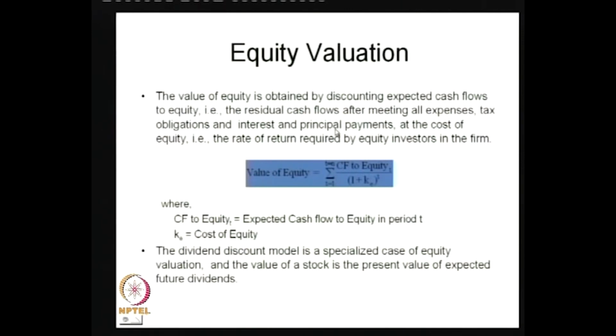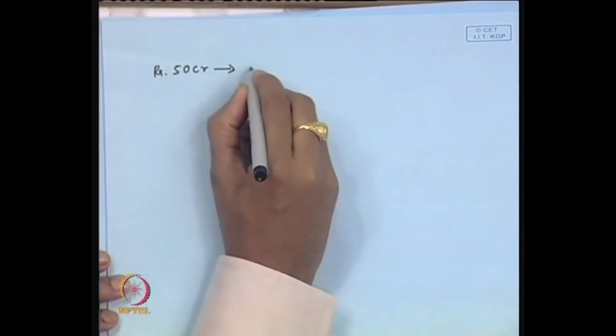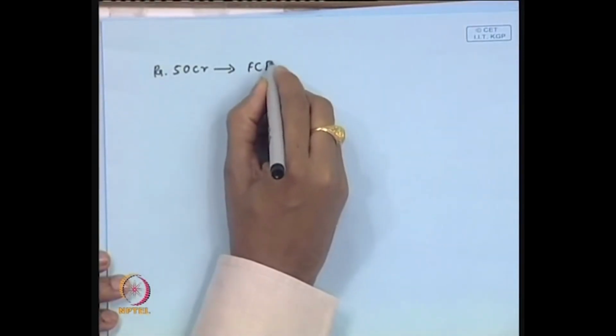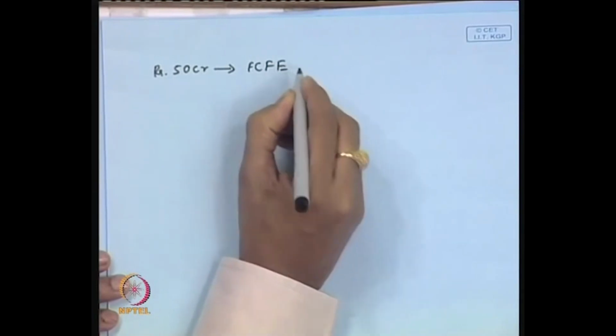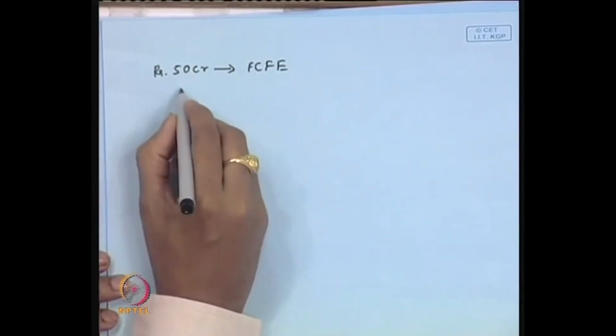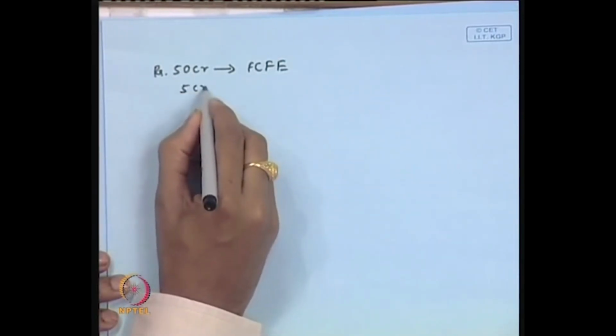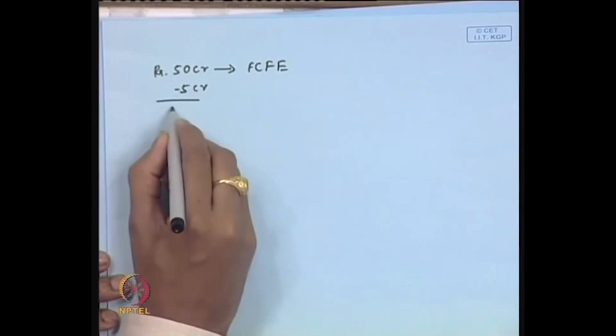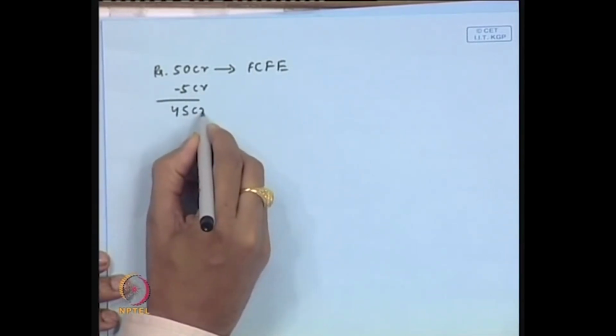So, if there is a cash flow generated by the particular company to the extent of 50 crore, this need not be taken as the cash flow for the equity holder, because out of this 50 crore, let us say 5 crore interest has to be taken out. So, that remains 45 crore.